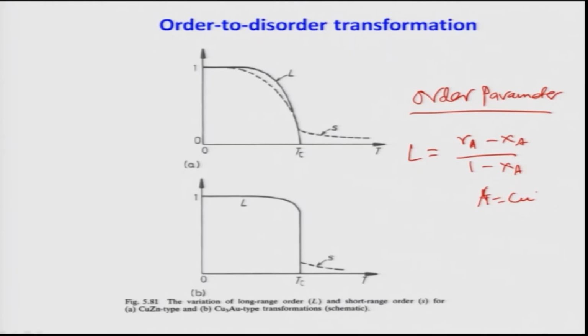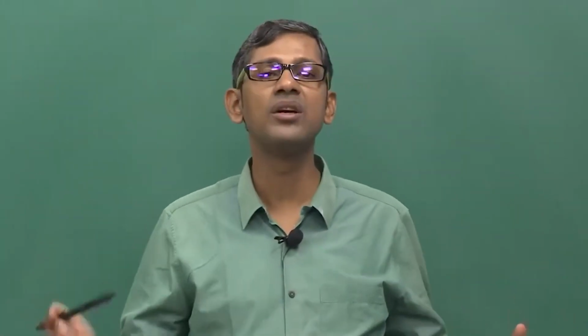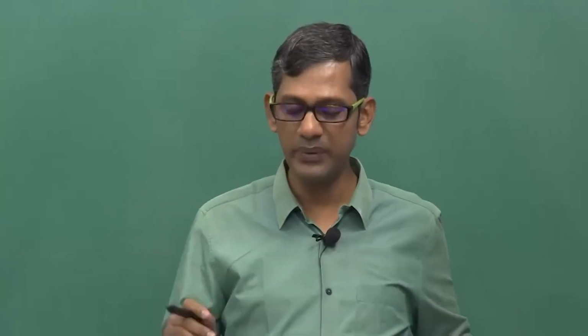So if all the corner positions are perfectly occupied by gold atoms, then R_A becomes 1. If you consider a large sample with, suppose, 1 million unit cells, and in all 1 million unit cells all the corner atoms are occupied by gold atoms, that means R_A equals 1 for that sample.